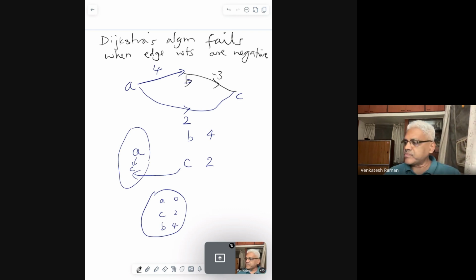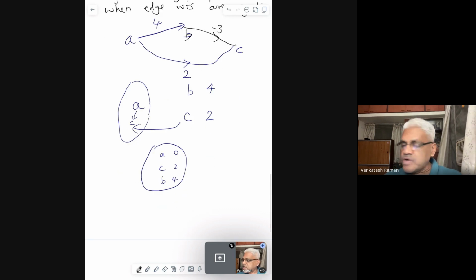These are simple enough examples. You can even ask students to try them in an assignment problem sheet. And what better way to understand Dijkstra's algorithm and its proof of correctness than something very simple.